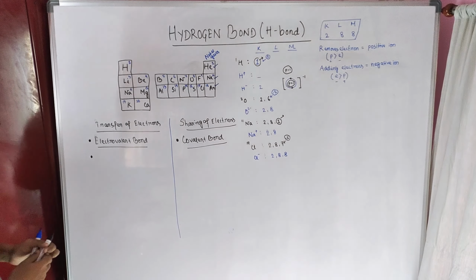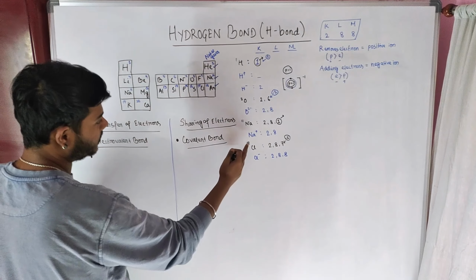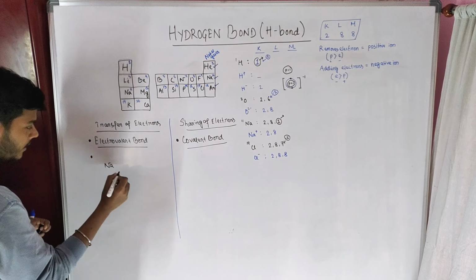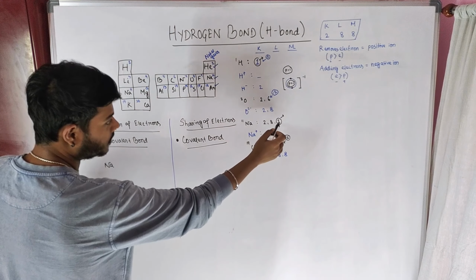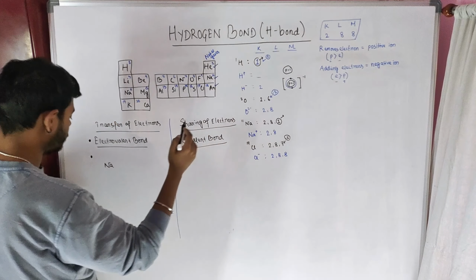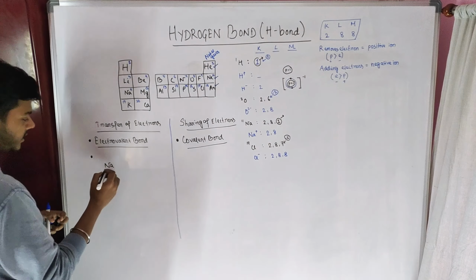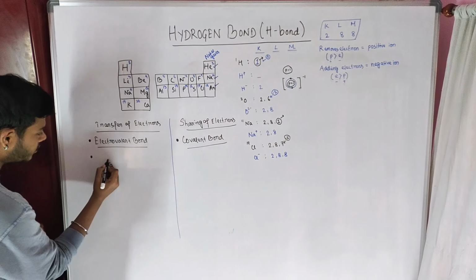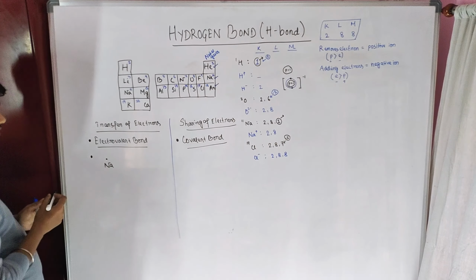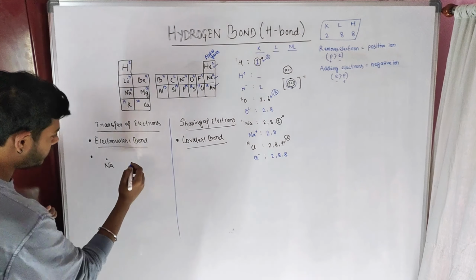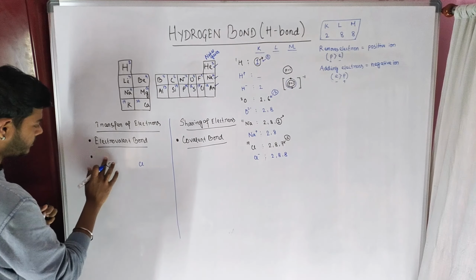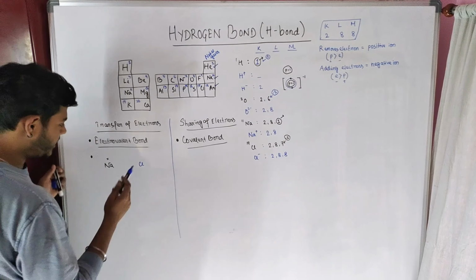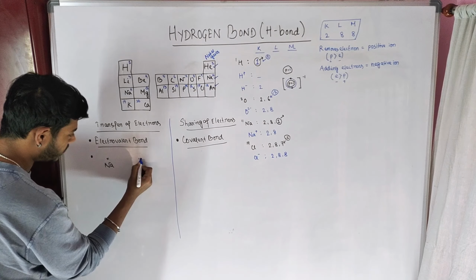So an electrovalent bond forms between elements like sodium and chlorine. Sodium has 2,8,1 electrons. Here, this is called the dot structure. I will only draw the number of electrons it has in its outermost shell. So sodium has only 1 electron in its outermost shell, and chlorine on the other hand has 7 electrons in its outermost shell.